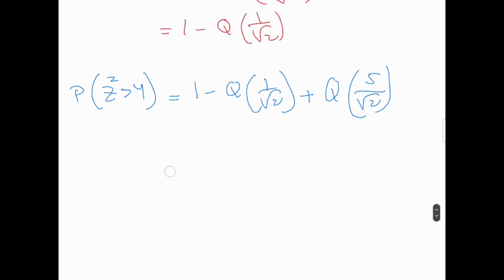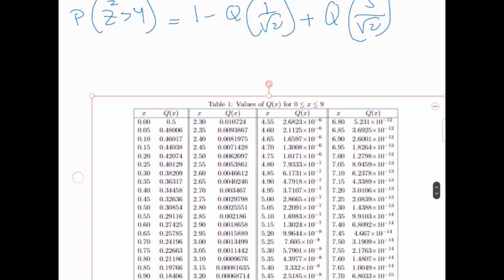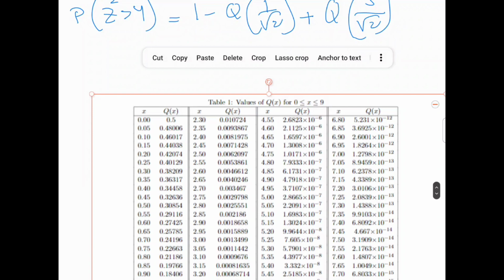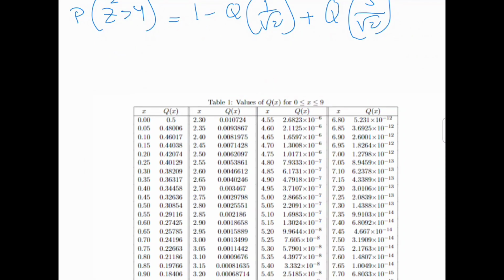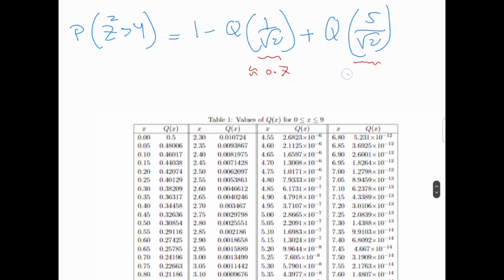So let's try to calculate Q of 1 over root 2 and Q of 5 over root 2 using the table. So Q of 1 over root 2 is approximately equal to 0.7, and 5 over root 2 is approximately equal to 3.5.